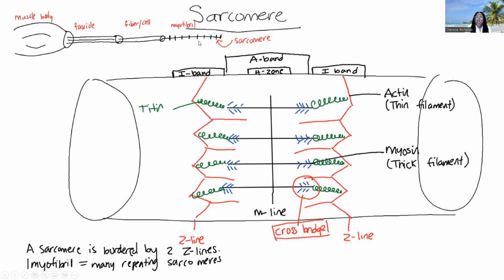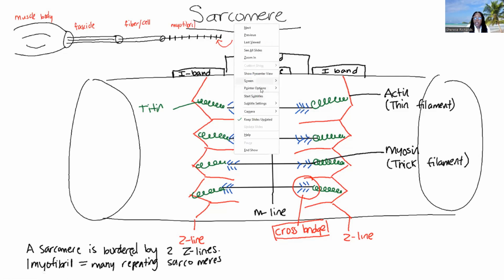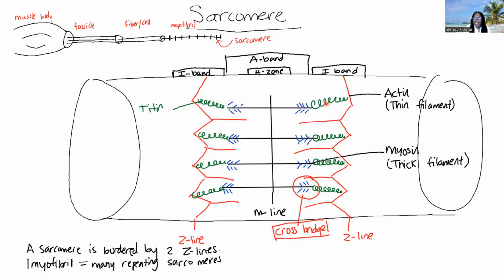So the sarcomeres are these little repeating units that are basically made of all that we see in the center here. The filamentous proteins: actin, which is in red here, myosin, which is in blue, titin, which is in green. Remember, titin is kind of anchoring the myosin heads to the Z disc. The Z discs are forming the periphery of the sarcomere.